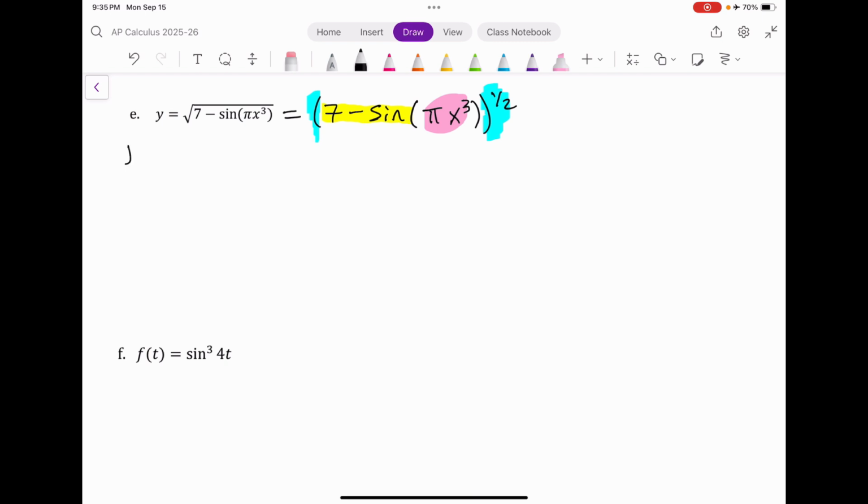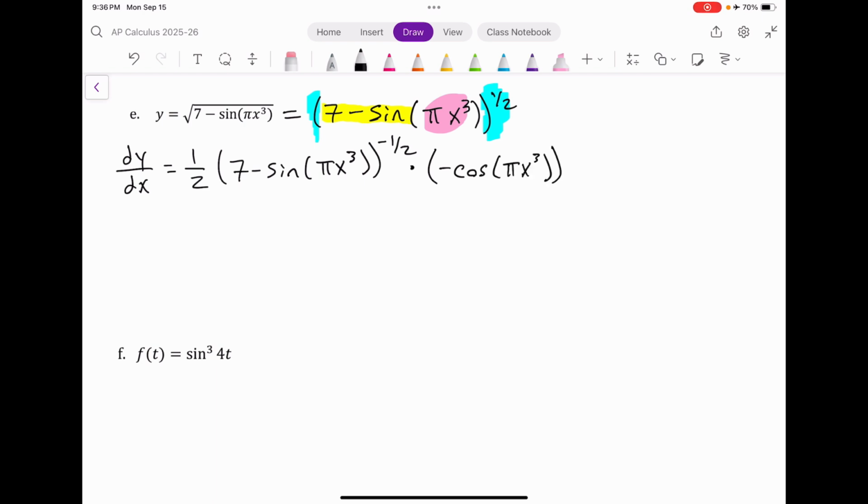Okay, so when we find the derivative, right, so we'll find the derivative of the outside function. Right, evaluate it at the inside function. Right, times the derivative of the middle function. So the derivative of 7 is 0, and the derivative of negative sine is negative cosine of pi x cubed, right? And then times the derivative of the inner function, right?